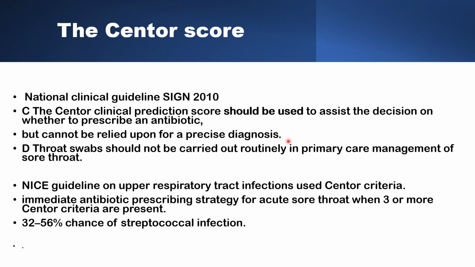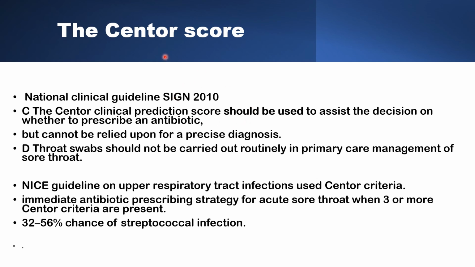It just helps to decide whether antibiotics are needed if the score is 3 or 4 or not. The same guidelines had suggested that throat swabs should not be carried out routinely in primary care management, as the clinical scoring system would provide equal information.